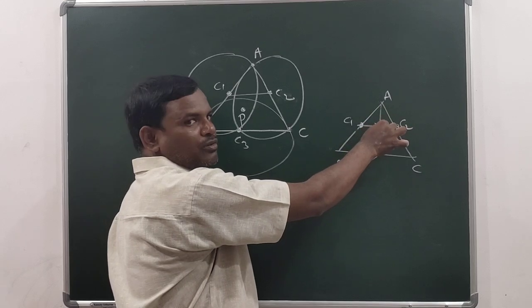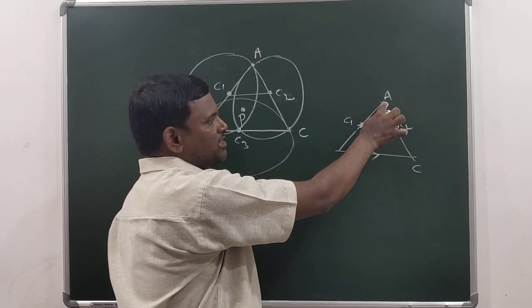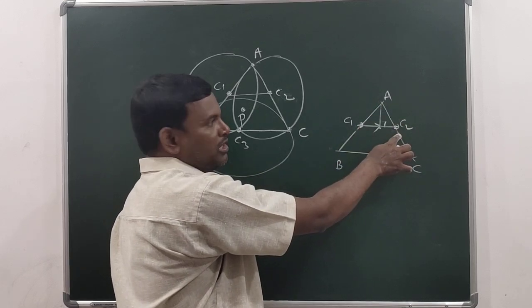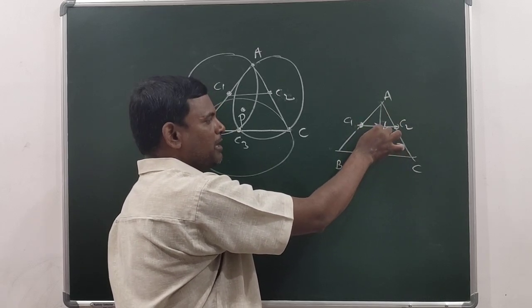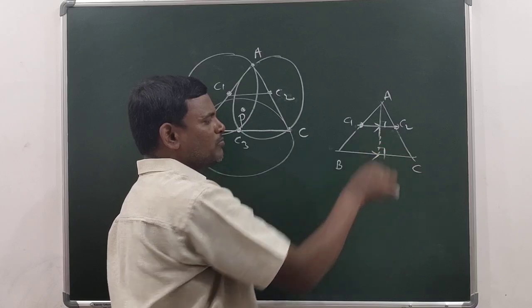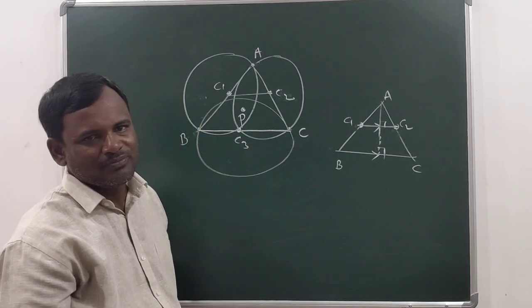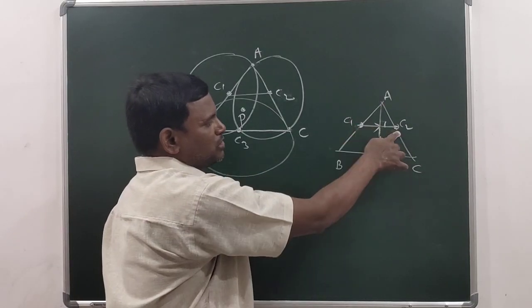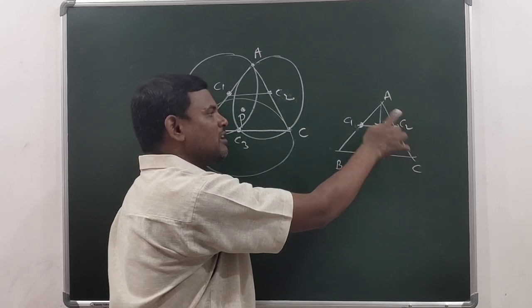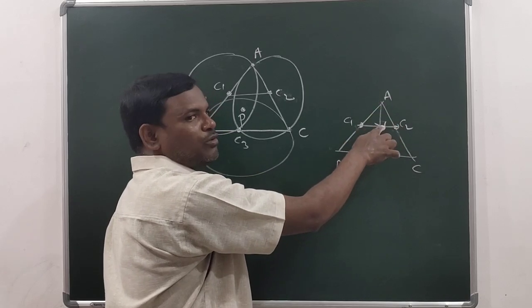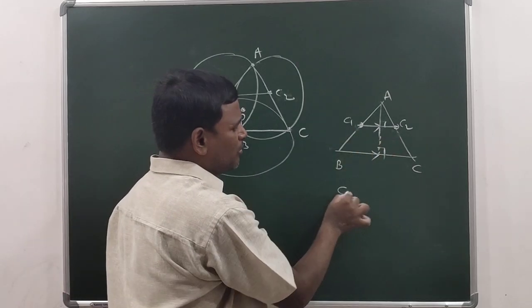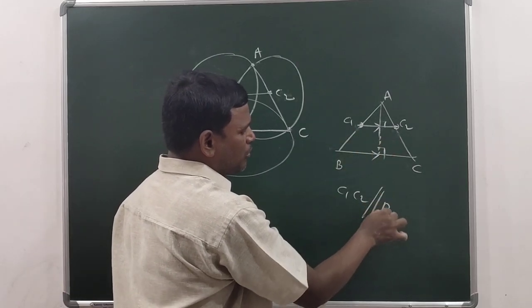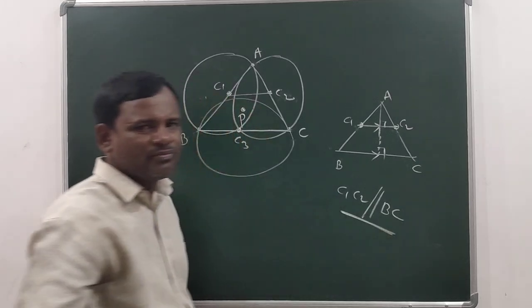An altitude, drawn from A to C1C2. This altitude is perpendicular to C1C2. Obviously it is also perpendicular to BC, because C1C2 and BC are both parallel to each other, no?